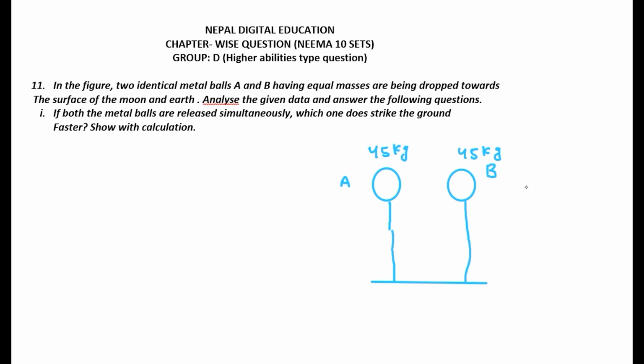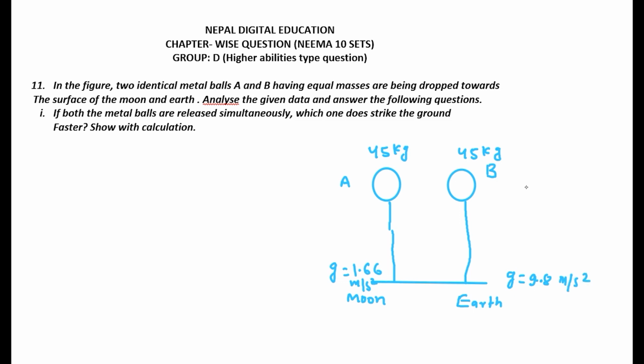There are two cases. Here is the surface of the moon, so in this case g is 1.66 meter per square second, and in the second case g is 9.8 meter per square second.